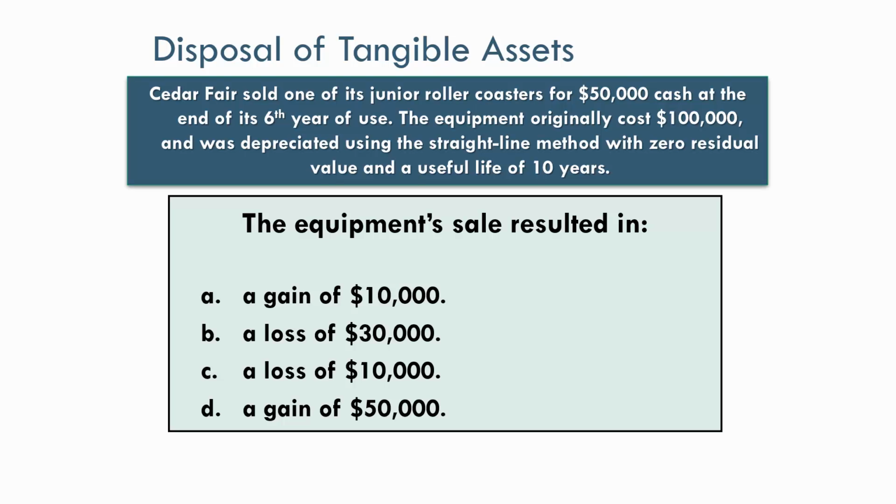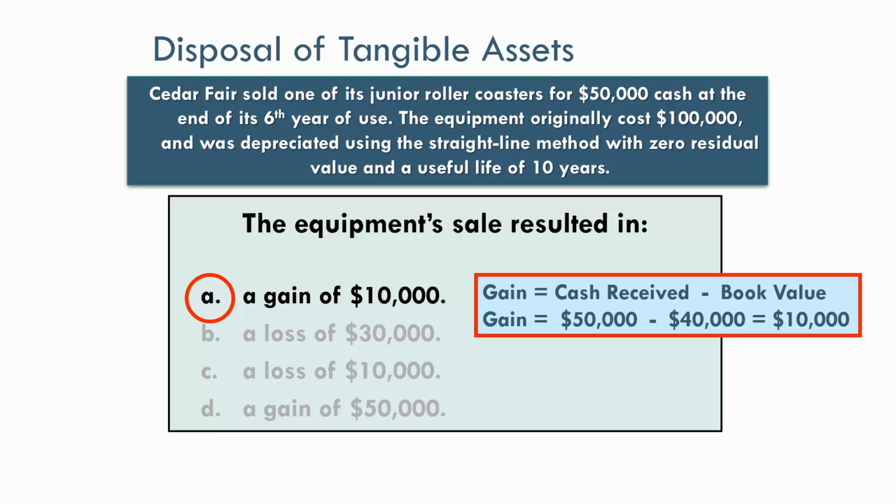So our original estimate of salvage value was $40,000 and we got $50,000 in. Is this good? Yes, it's good, and so we record it as a gain. Notice that this is not considered revenue. When we sell off a tangible fixed asset, it is recorded as a gain.